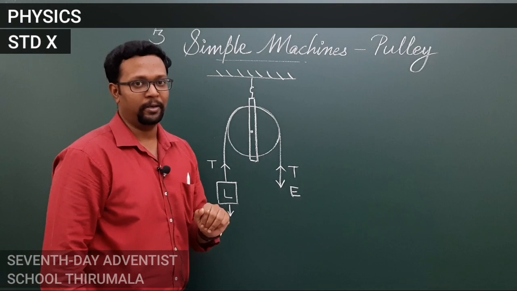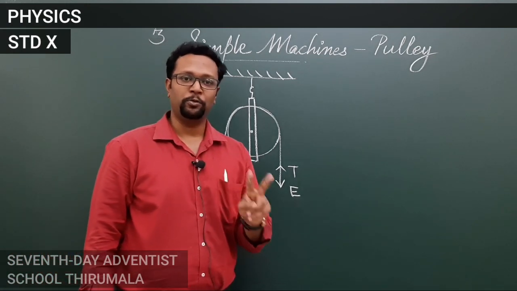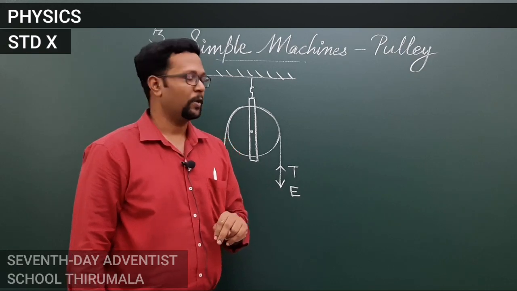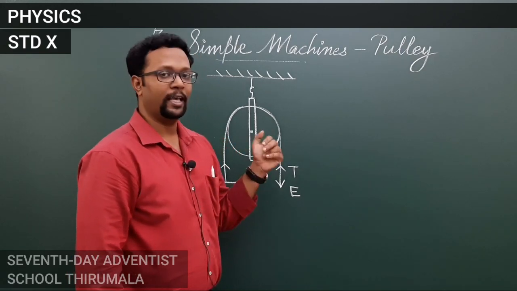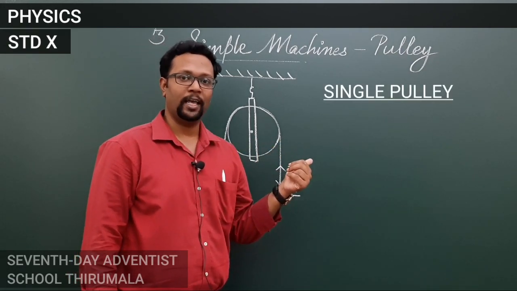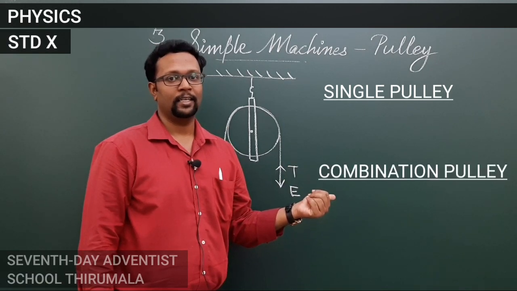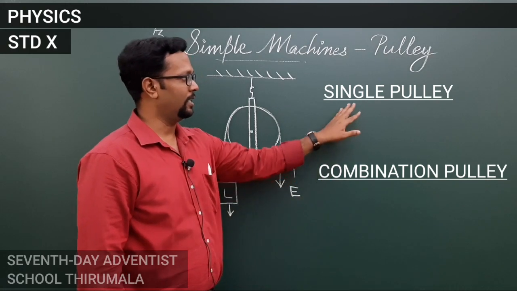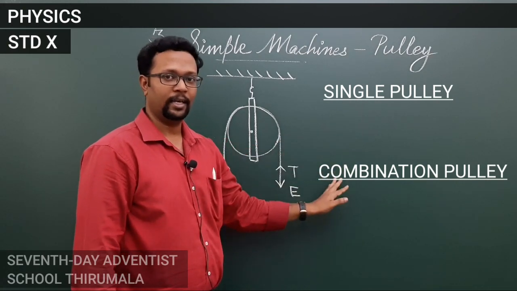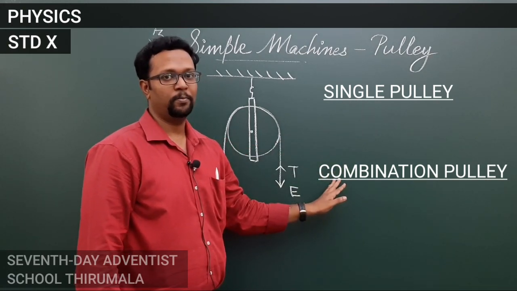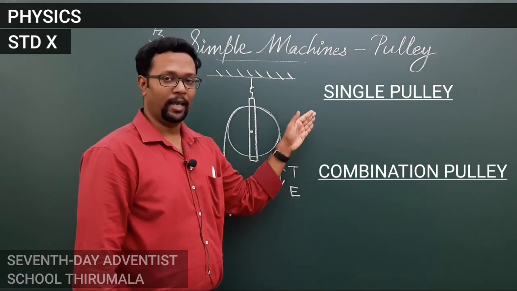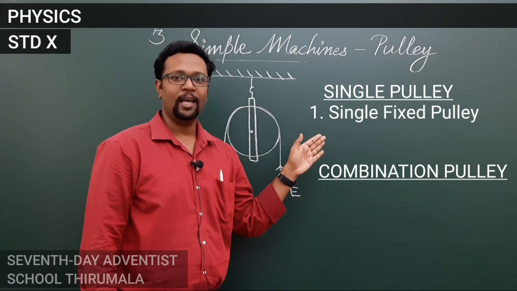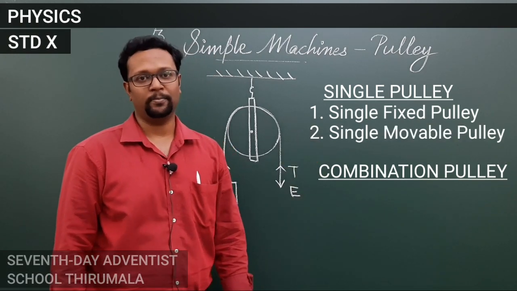A pulley can be used in two different ways. Either as a single pulley or as a combination of pulleys. A single pulley can either be a single fixed pulley or a single movable pulley.